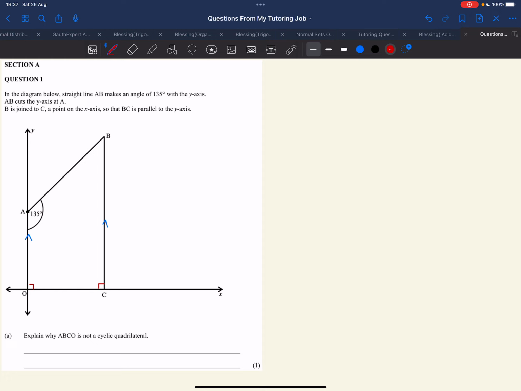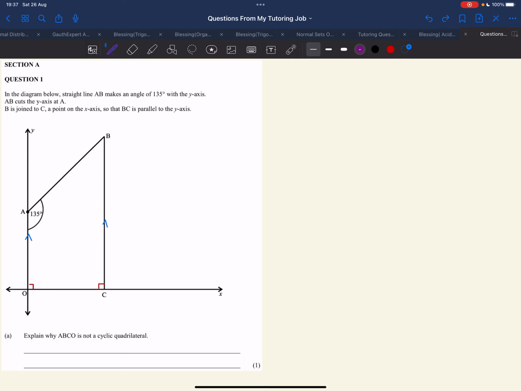Or you can use corresponding angles, because can you see that there is also an F there, so that angle is equal to that angle, and if that angle is 90 degrees, basically C is going to be 90 degrees.